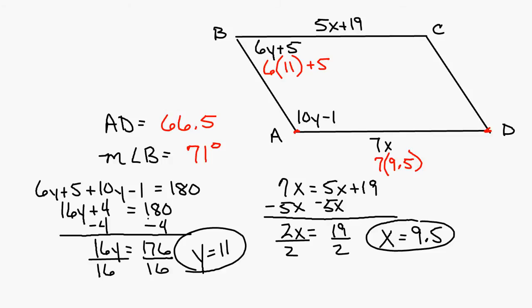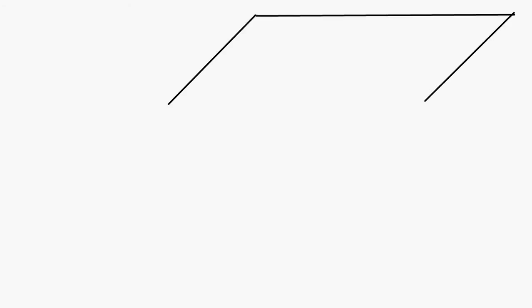All right, so that covered opposite sides are congruent. That covered consecutive angles are supplementary. If you look at the Check It Out just below example 2, you've got parallelogram EFGH. And this problem has the diagonals in it. And the diagonals of a parallelogram bisect each other.